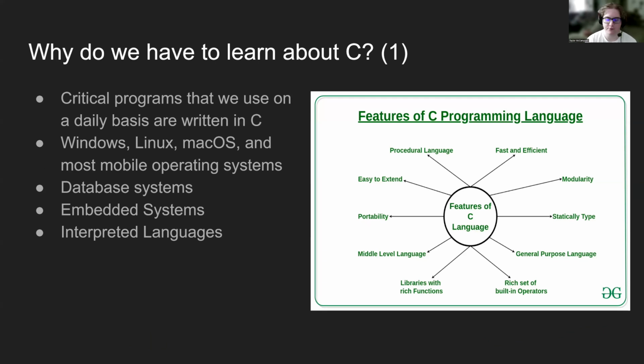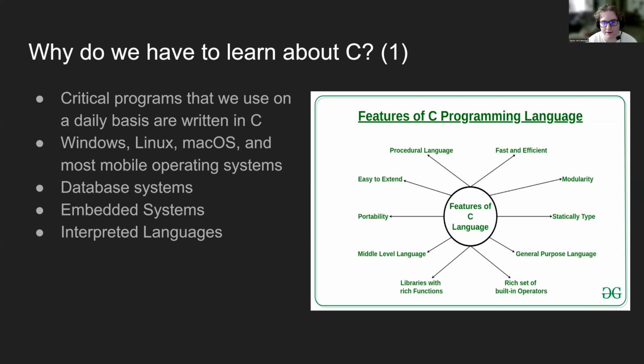So first of all, the reason we care about C is because of the programs we use every day: most operating systems, databases, embedded systems, like your microwave or, I don't know, assembly line computers that do robot functions and stuff. And also interpreted languages: Python is an interpreted language, but what interprets Python code is a big C program.